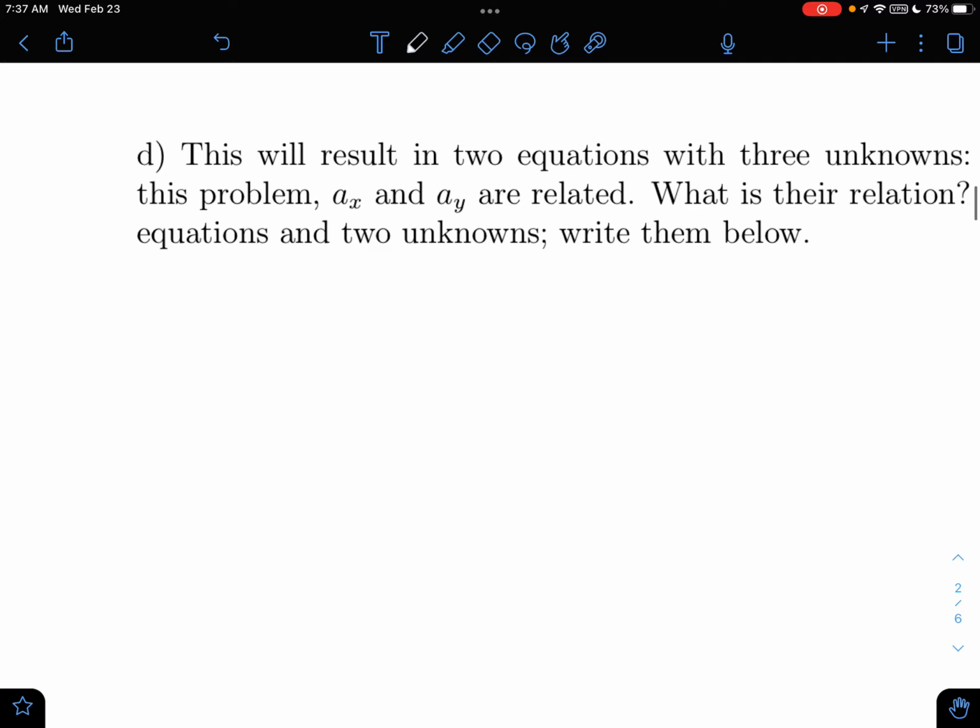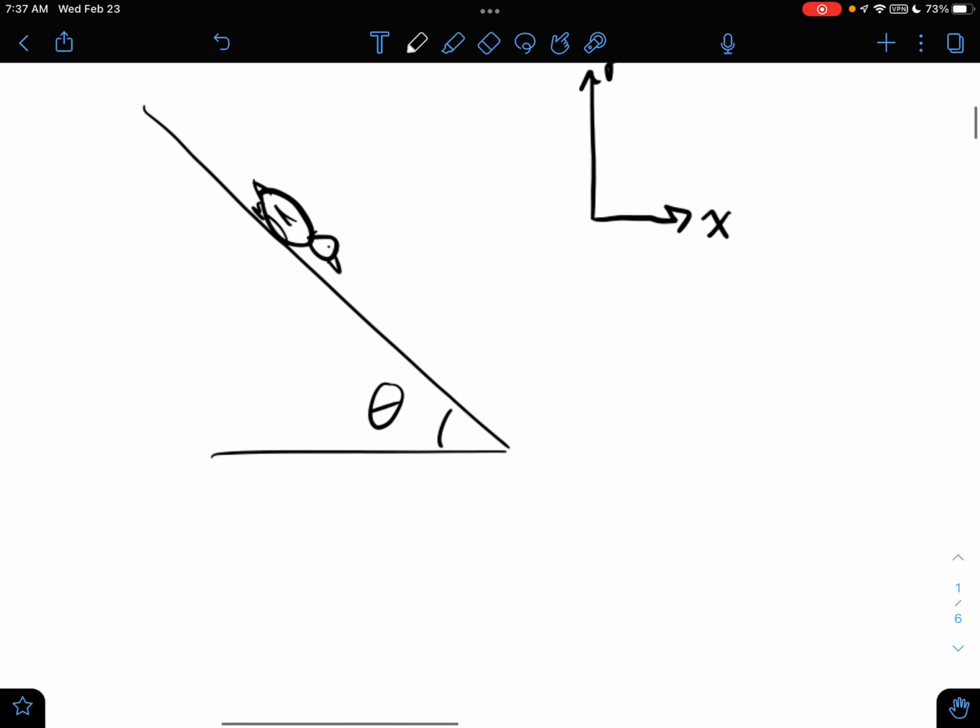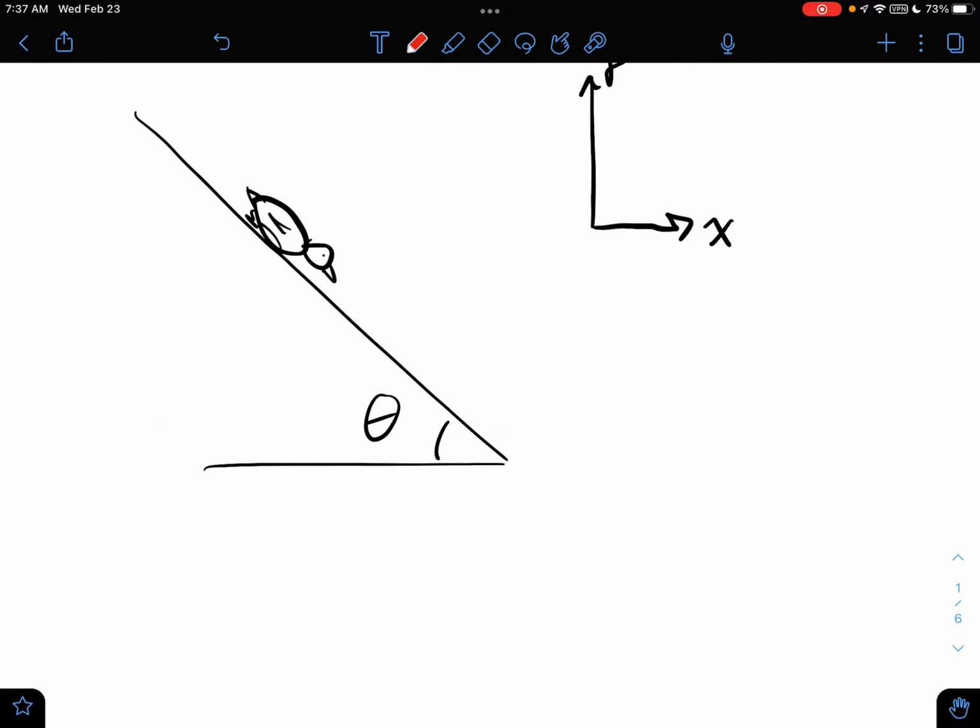So if I go back to my original cartoon, we're going to say our penguin's accelerating down our slope. We know this. It's going to be trying to draw a little more parallel, which means that if we're breaking this into our ax and ay, wow, what do you know?